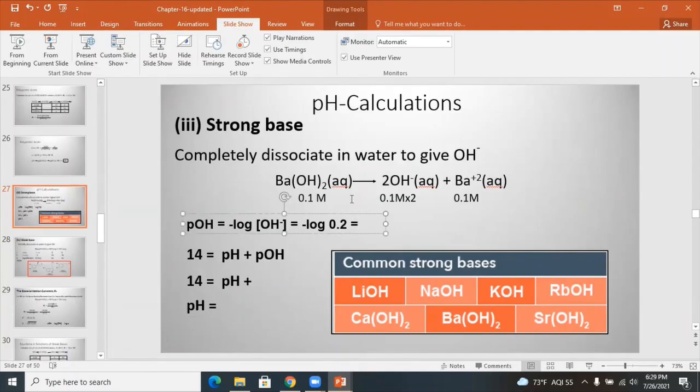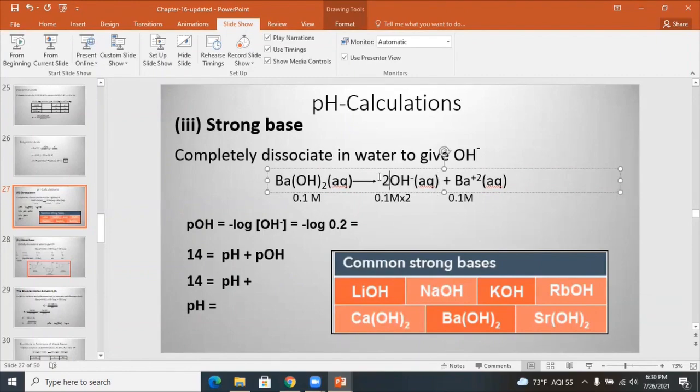If you are given any of these group 2 cations forming a base, and it's asking you to determine the pH, what is the pH of 0.1 molar barium hydroxide? The pH will be different than 0.1 molar sodium hydroxide. Why is the pH going to be different between these two, sodium hydroxide and barium hydroxide? Because of the number of hydroxide ions in solution.